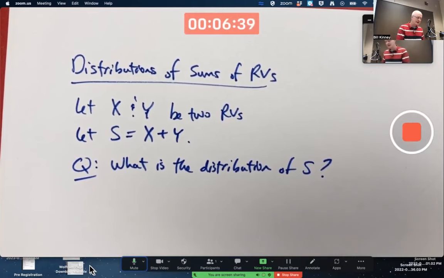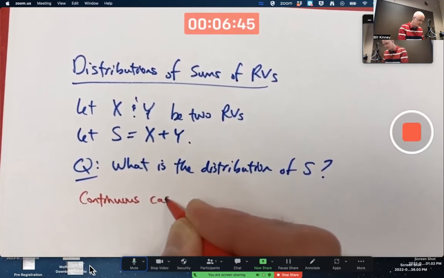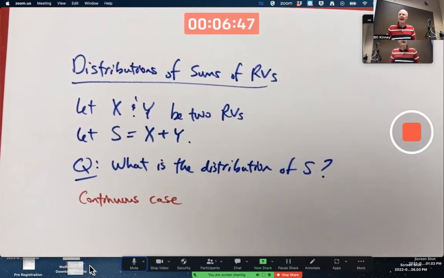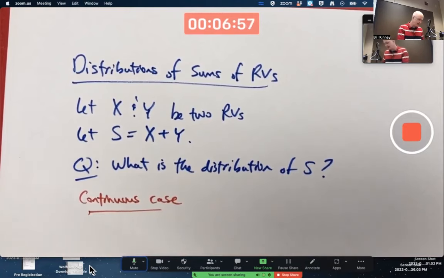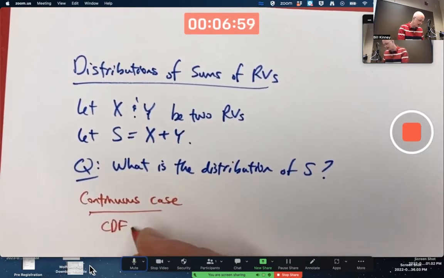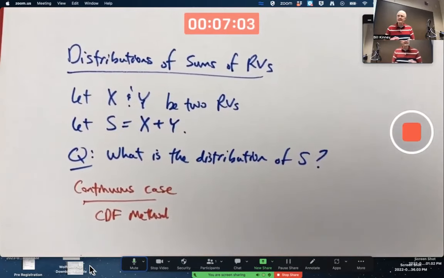Well, let's go ahead and do the continuous case. We will assume x and y have particular distributions in a minute, but not quite yet. We can use the CDF method. I've emphasized the CDF method a few times. It is not something in the book.